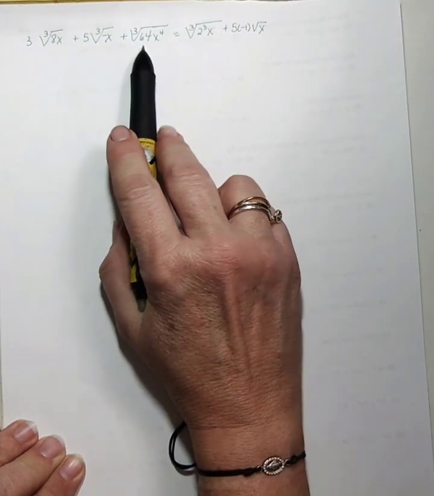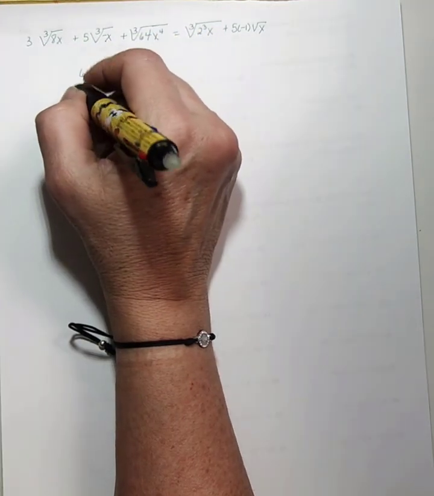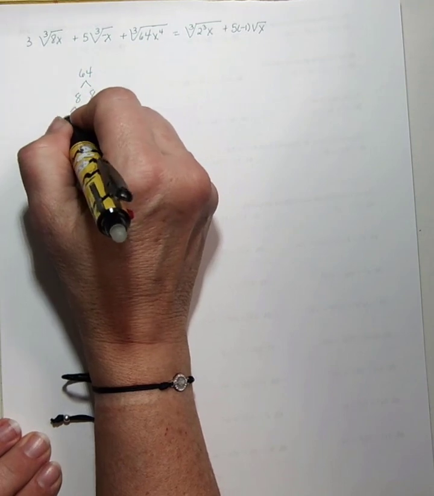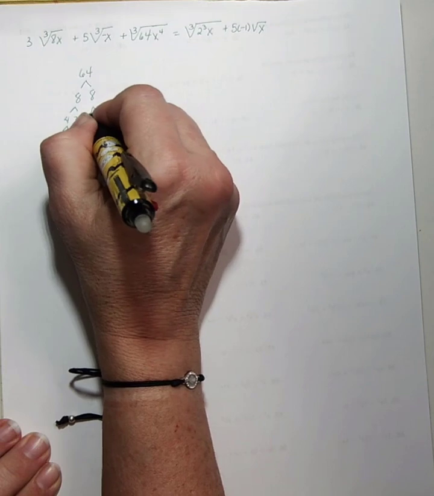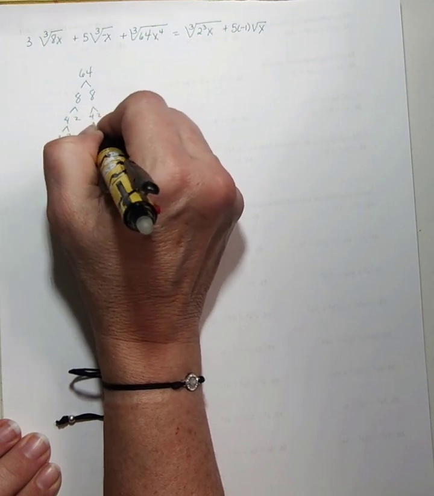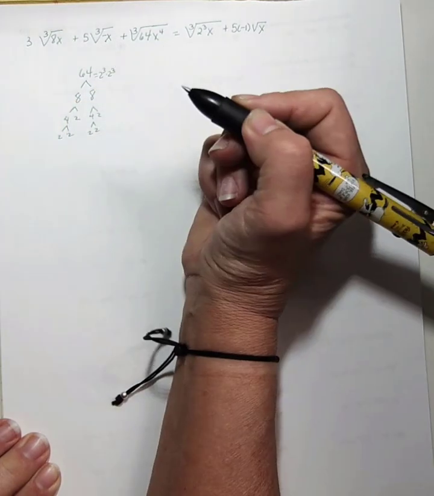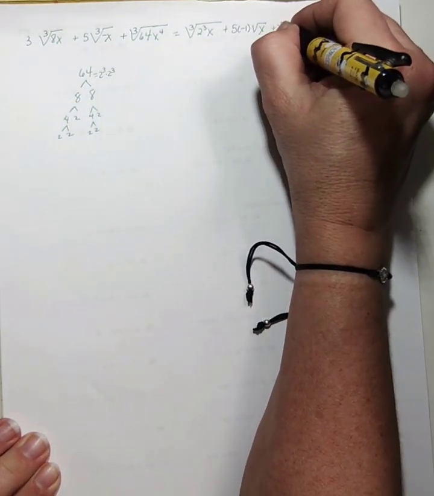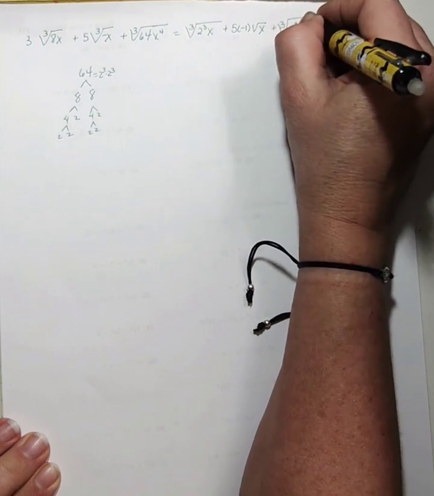On this third one, I have to think about 64. 64 is 8 times 8, and we know that 8 is 4 times 2, 2 times 2, and over here, same thing. So we actually have this as 2 to the third times 2 to the third. So I could rewrite this as the cube root of 2 cubed times 2 cubed.